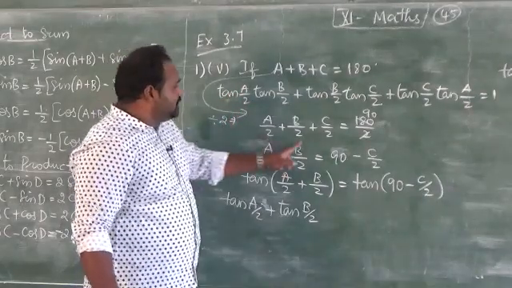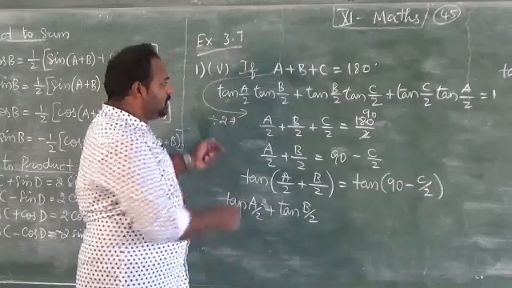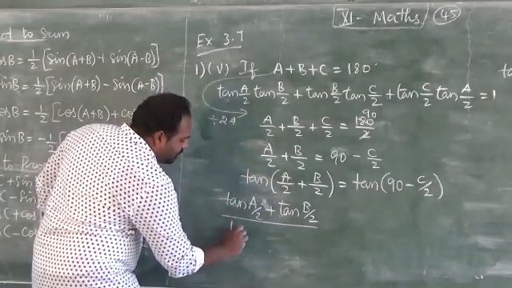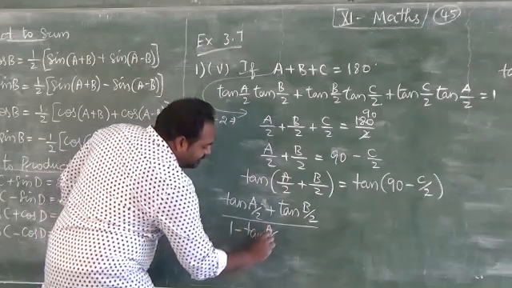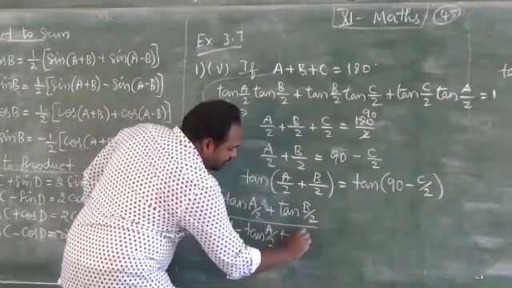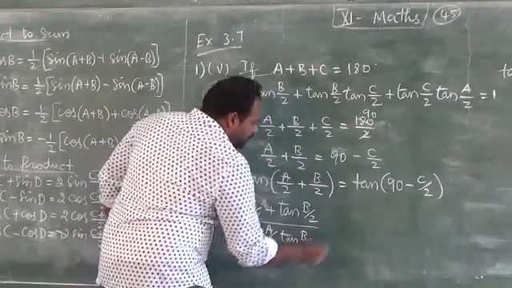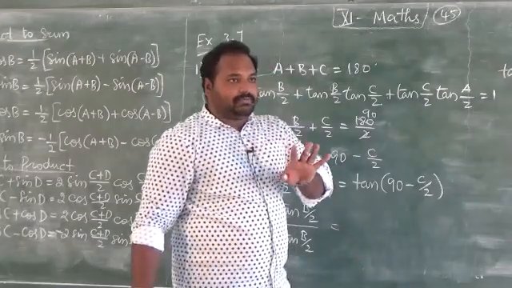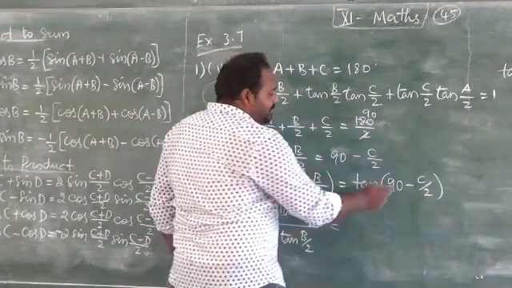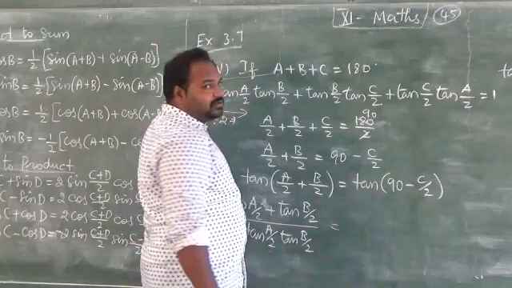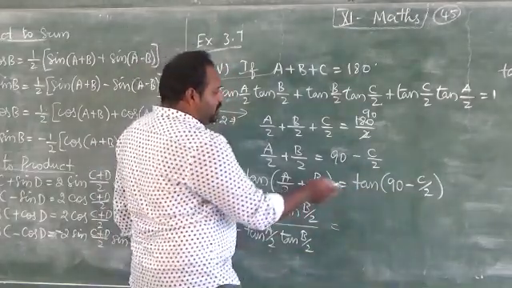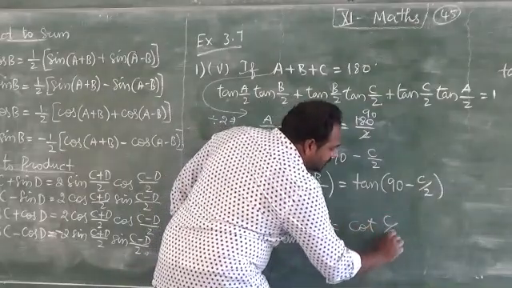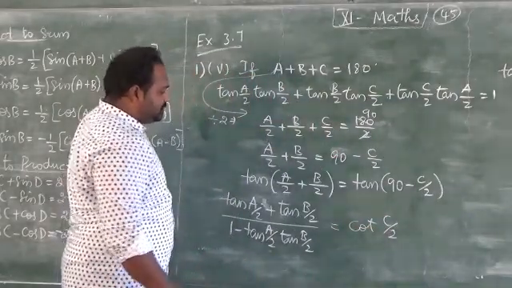That's why I divided the whole given data by 2. Now tan A by 2 plus tan B by 2 divided by 1 minus tan A by 2 into tan B by 2 equals tan of 90 minus C by 2. This is in the first quadrant, all are positive, so there is no sign change. Because of 90 we have to change to the co-ratio. What is the co-ratio of tan? It is cot C by 2.